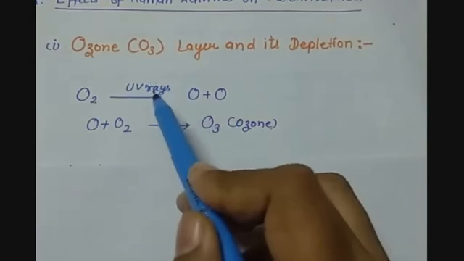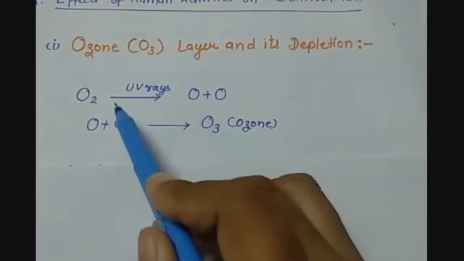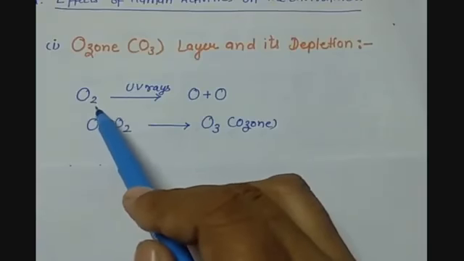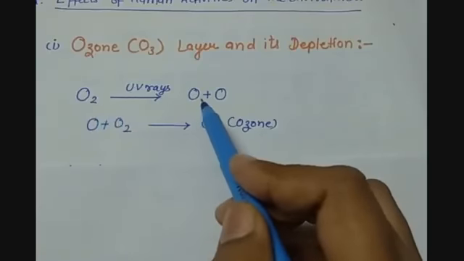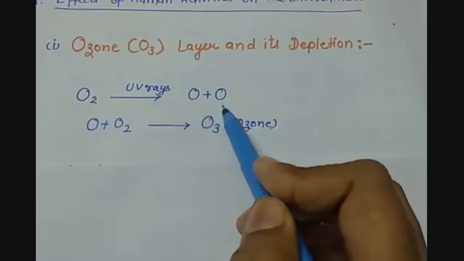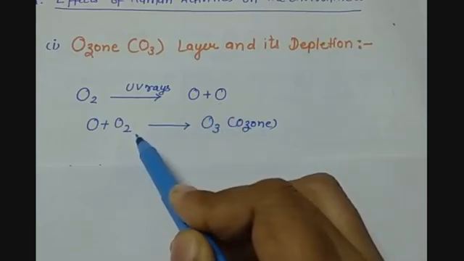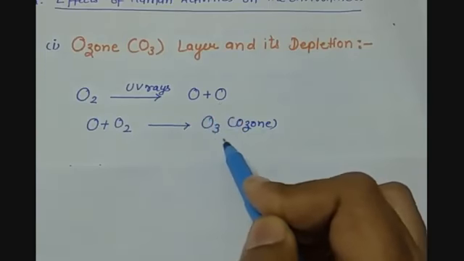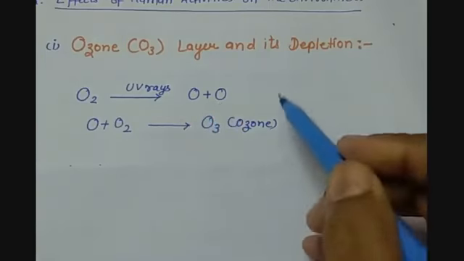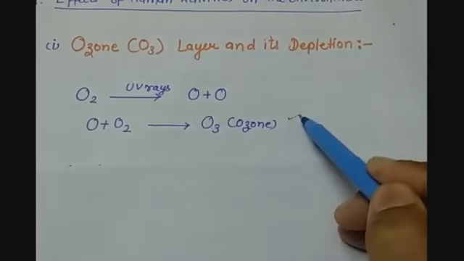The UV rays are so strong that they break down the O2 molecule into individual oxygen atoms, and these further react with the oxygen molecule and make the O3 molecule. So it is the formation of the ozone gas.